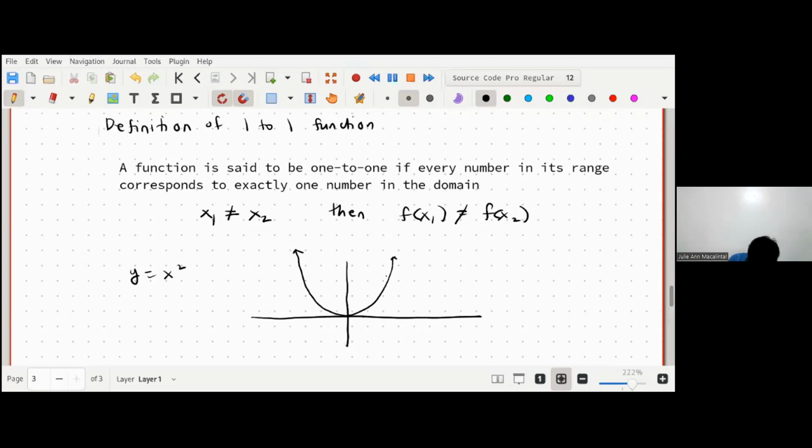So if we are given the function f of x equals x squared for all reals, if the domain is all reals, for a single value in the range, let's say ito yung y, pareho ng value ng y, pero hindi sila pareho ng value of x.